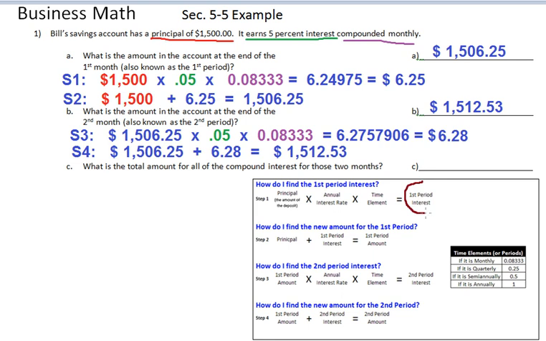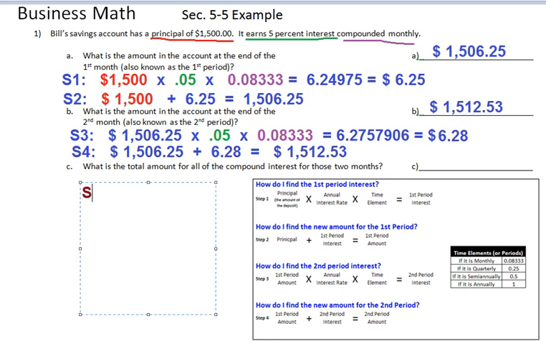You see right here, in step 1 we found some interest. And in step 3 we found some interest. So what we're going to do is add these 2 numbers up. Yes, there's not a formula for it, but that's what we do. We add those 2 dollar amounts up. Whoops. There we go. So let's do it.